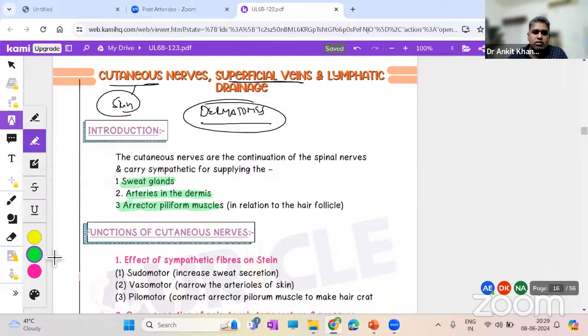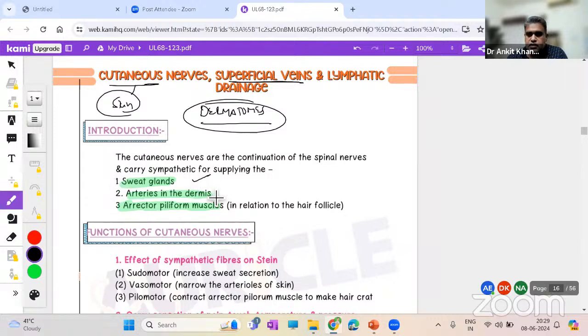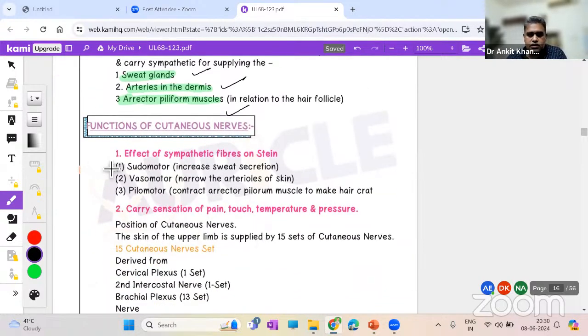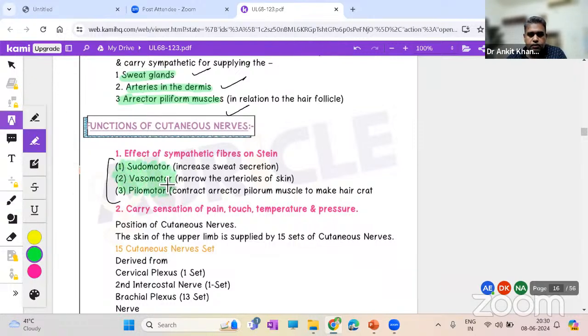So you have these three major functions, which we can simply call pseudomotor, vasomotor, pilomotor. If you remember these three words, that is the take-home message.